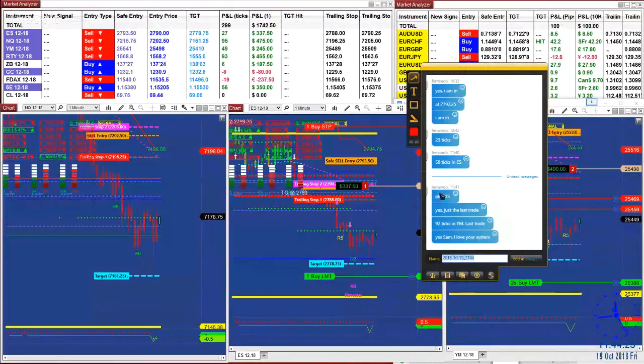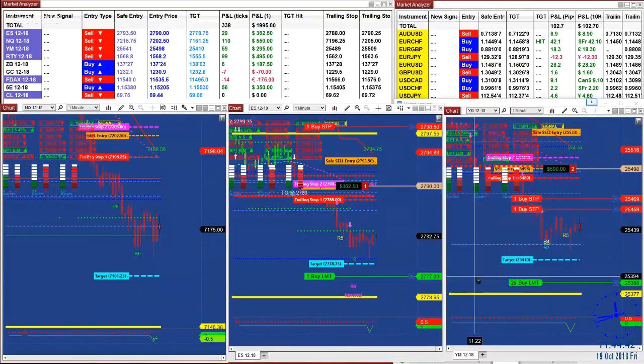Yes, Fernando is going to party today. He got the first trade 23 ticks, I think 58 ticks, plus 23, and 92 ticks on the YM. What are you doing behind the computer? Go have fiesta, Fernando.